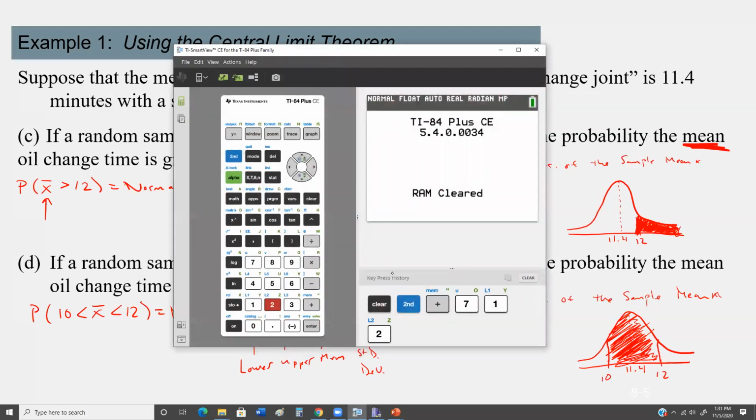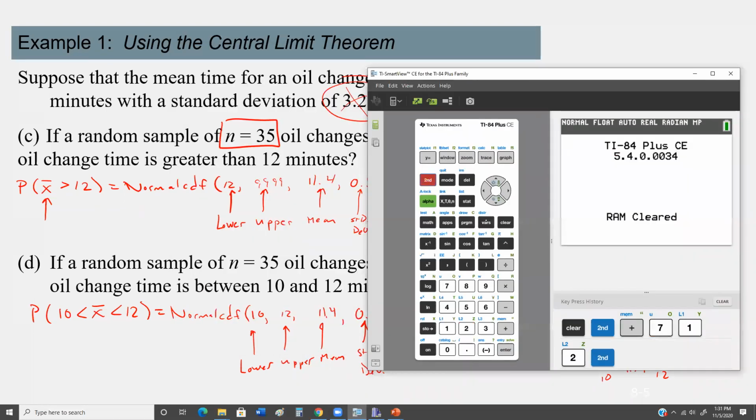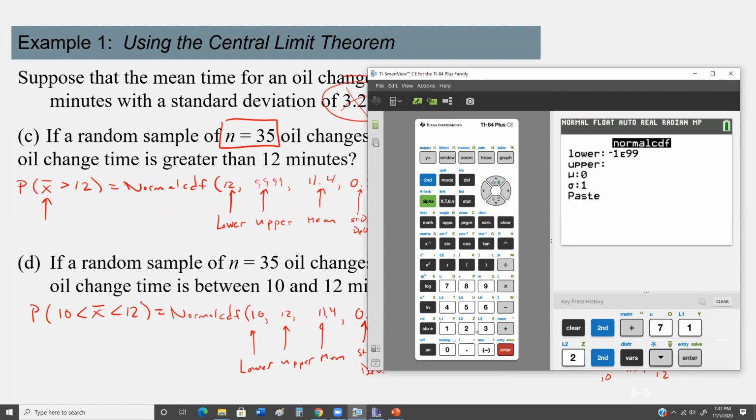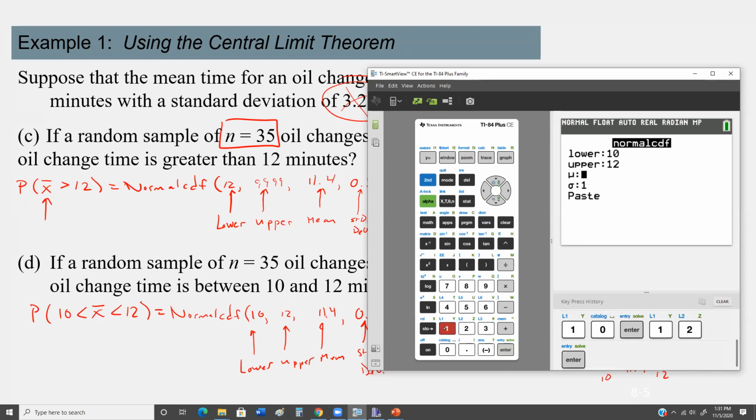So I'll plug it in the TI-84 this time. Second function, distribution, normal CDF. It's going to be 10 to 12 to 11.4 to 0.5409. Yep.